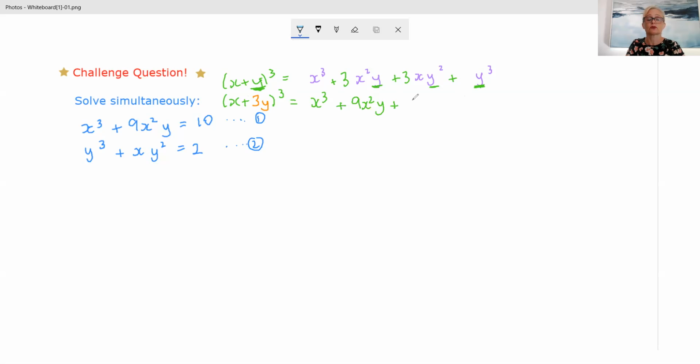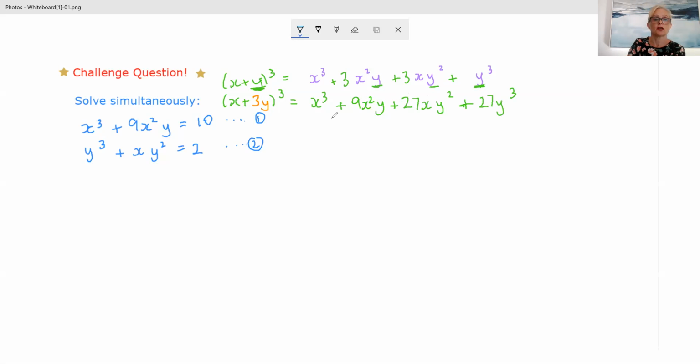Then we're going to get 3 times x times 3y all squared. 3y all squared is 9y squared. 3 times 9y squared is 27y squared. So 27xy squared and 3y all cubed is 27y cubed. That's looking a little bit more helpful now, isn't it?